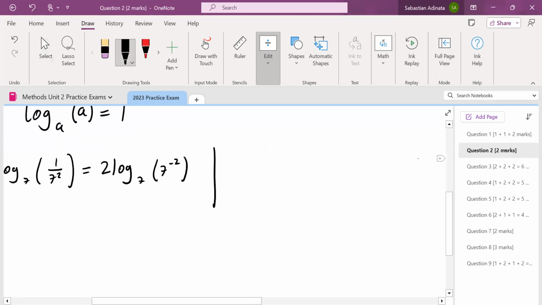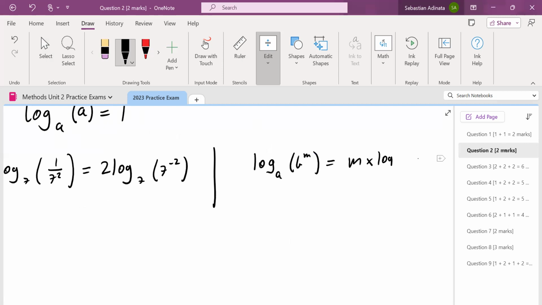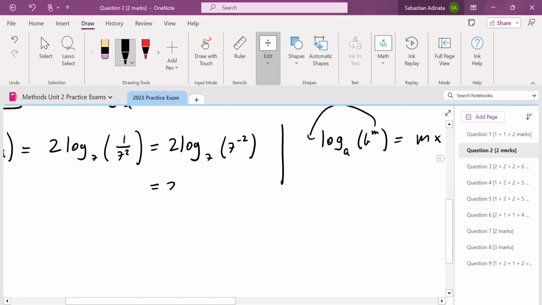Now here's a log law we should know. If we have log a b to the m, this is equal to m times log a to the b. And you're simply moving this guy to the front and getting rid of the indices. So let's do the same. This would become 2 times negative 2 times log 7, 7.